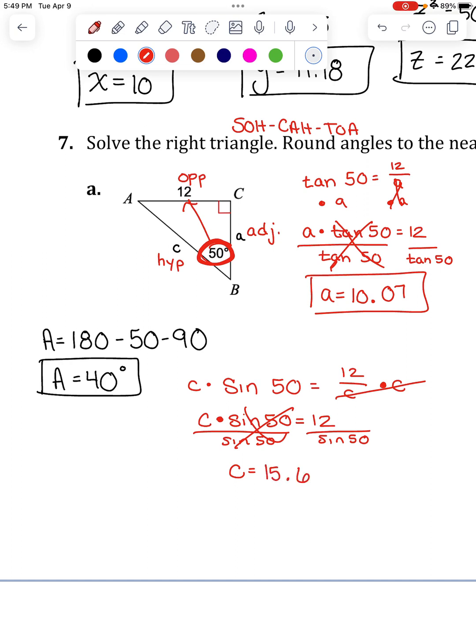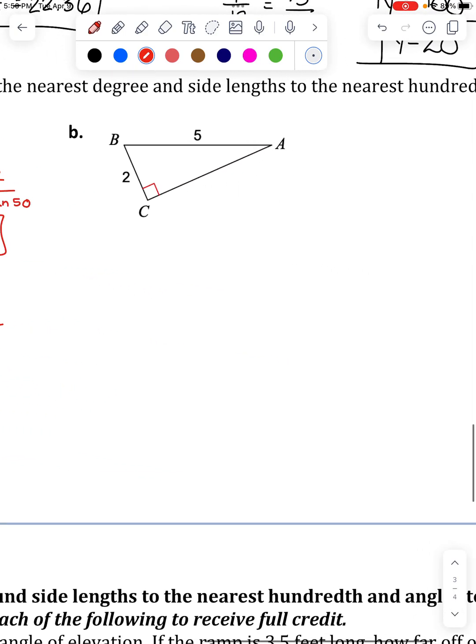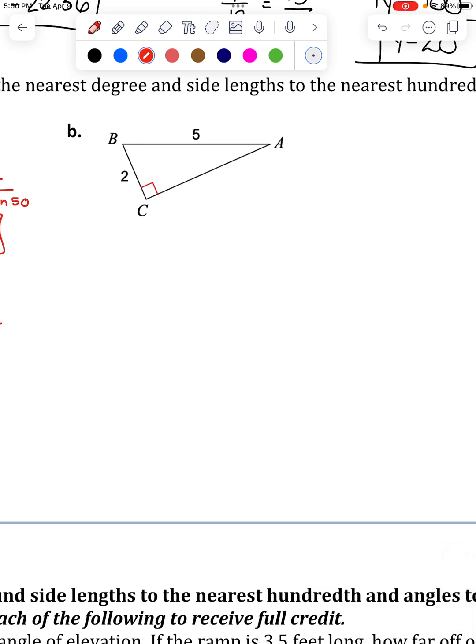Twelve divided by sine of 50 is 15.66. Had you done Pythagorean theorem, keep in mind that sometimes it'll be a little bit off because of rounding. This one would have been 15.67 had you done Pythagorean theorem.